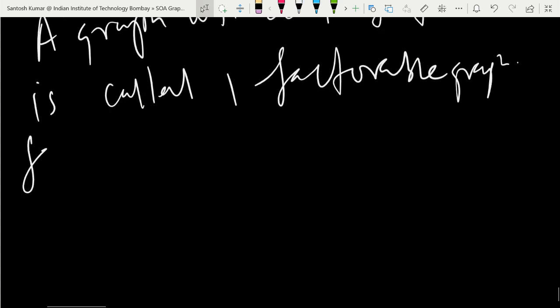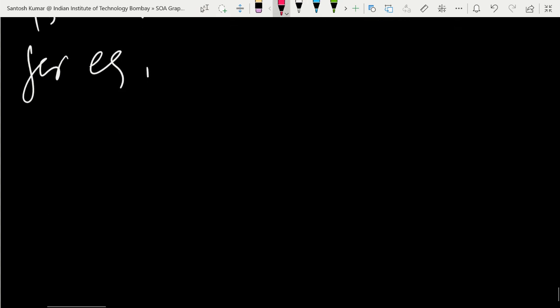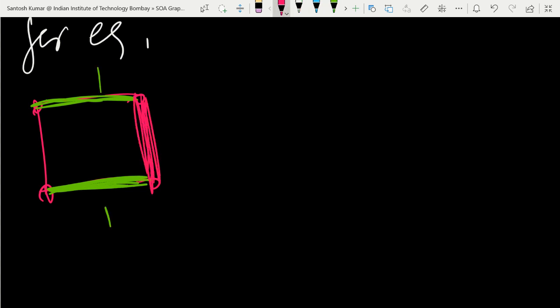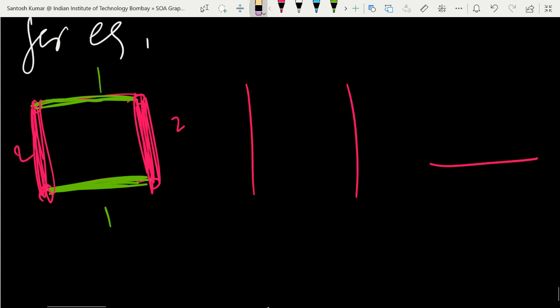So for example, you can check like this C4. If you color it, you can color this with the same color, color 1, and you can color this with the other color, color 2. If you collect the color classes, what is a color class? Edges with the same color.